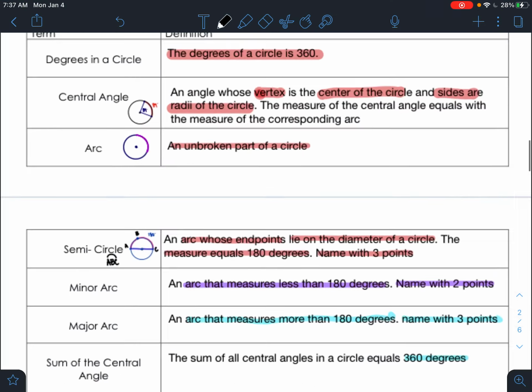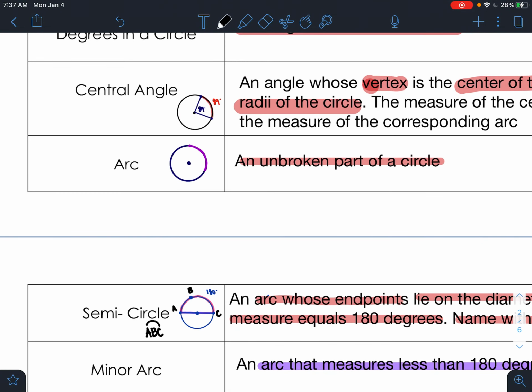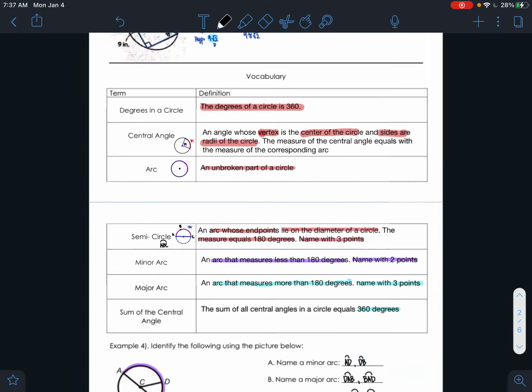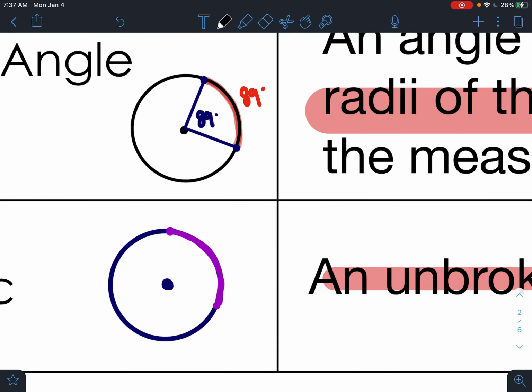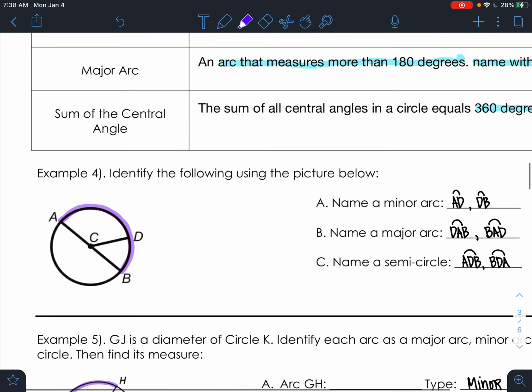So if we go back up to this idea of the central angle, remember the central angle has to come from the vertex, has to come from the center, and the sides have to be radii, right? And I also said that the measure of the central angle is going to match the measure of the arc that it makes, right?